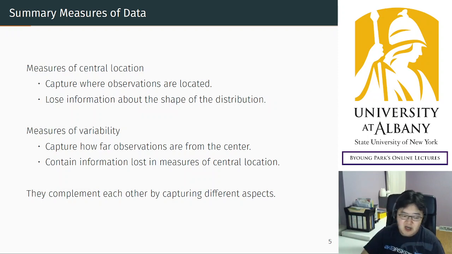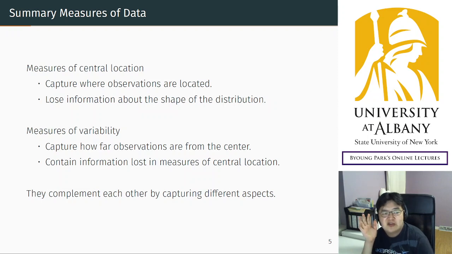The most famous, most popular measures of variability are variance and standard deviation. If you have learned statistics somewhere else, the two most important measures in statistics are the mean and the standard deviation or the variance.